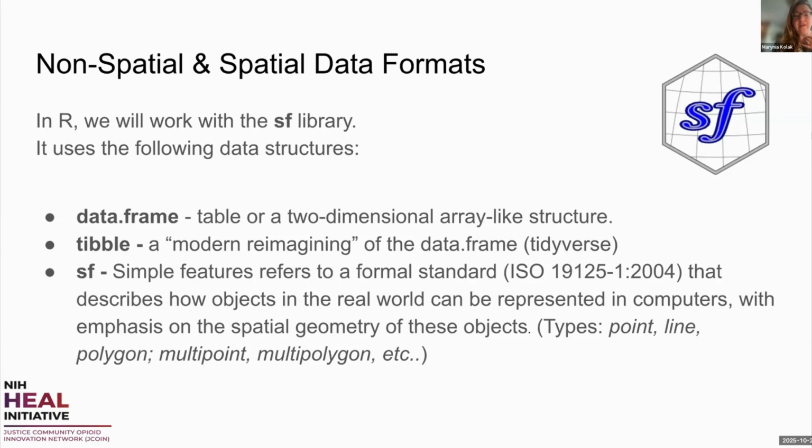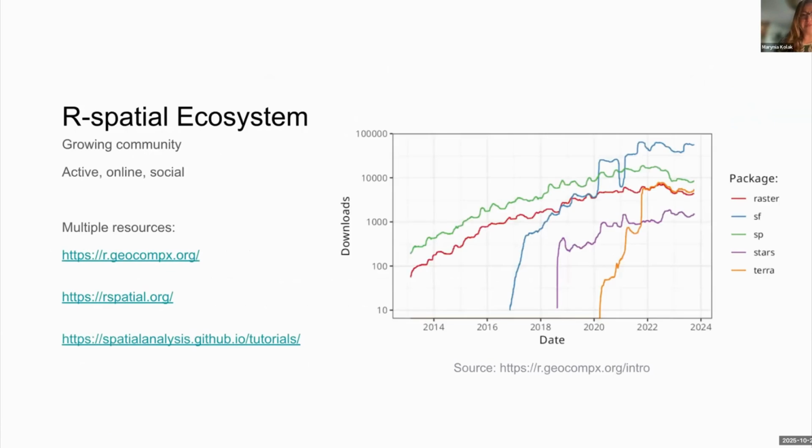Some PostGIS language will also be using a similar standard. So a lot of the functions that we use in SF are not just for R. They go beyond R. It's an actual standard that's used globally across many different types of coding languages and scripting languages.